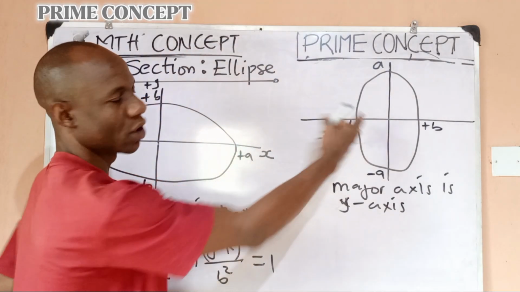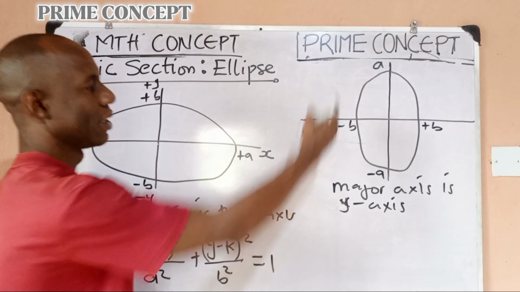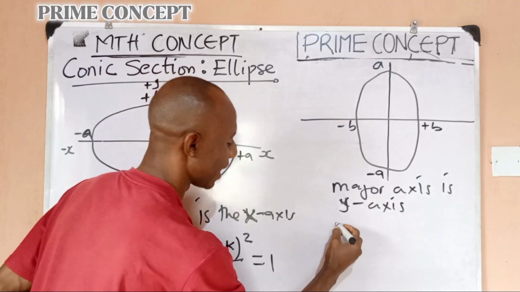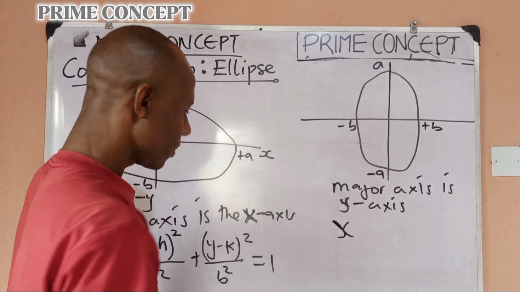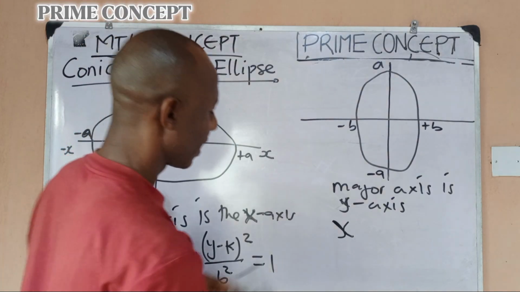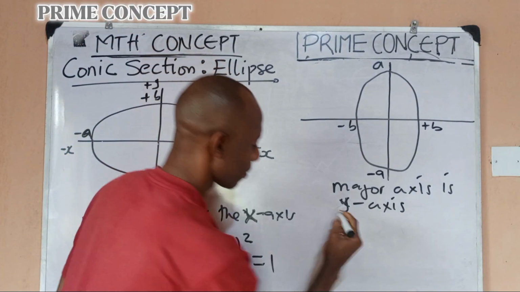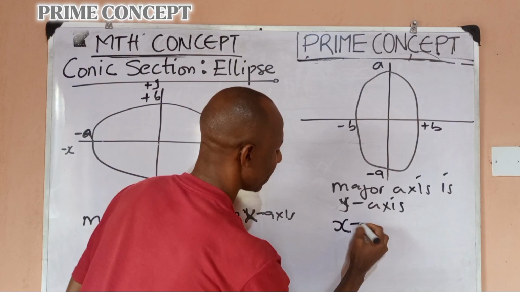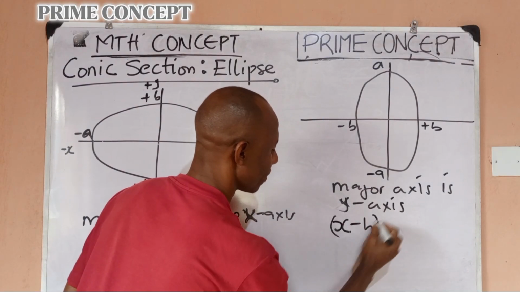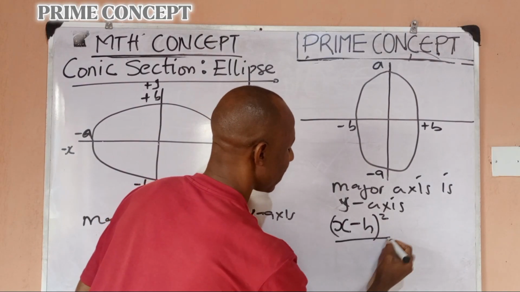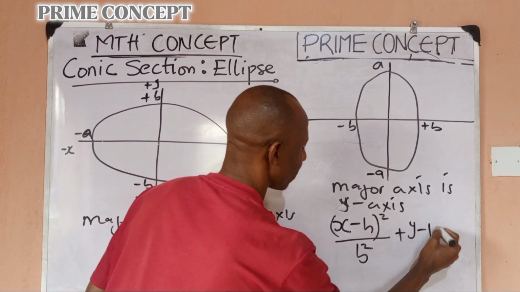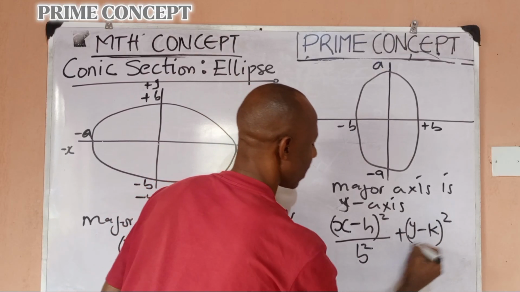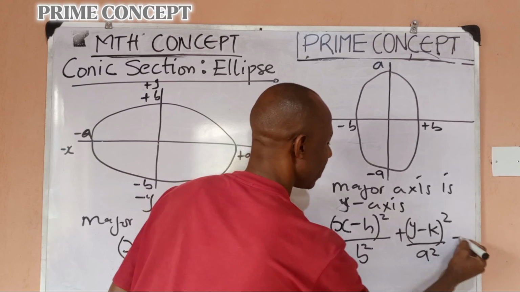Now what would be the equation when the major axis is your y-axis? It will be written as x minus h all squared divided by b squared plus y minus k all squared divided by a squared equals 1.